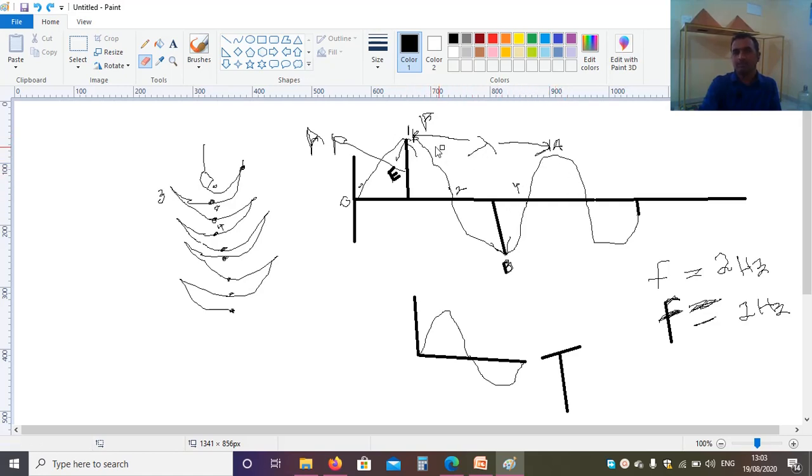The distance between two crests is called wavelength. These are all displacements from the mean position. The maximum displacement is amplitude.